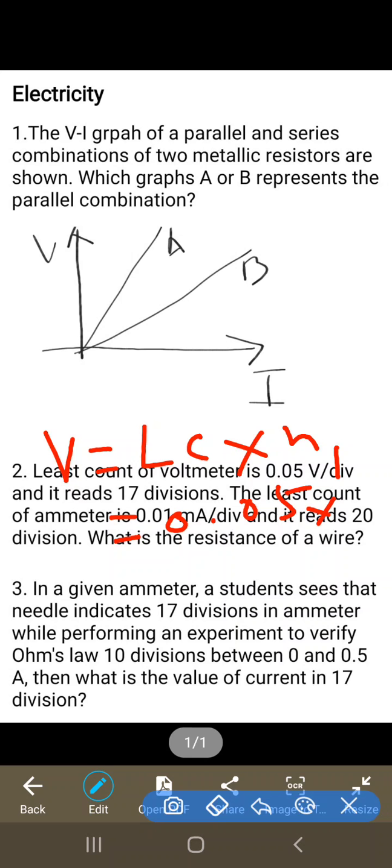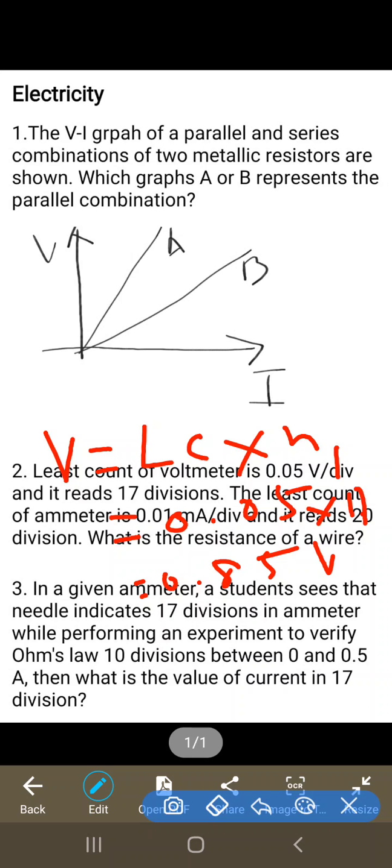So 0.05 multiplied by 17 and we are getting 0.85 volt, which is the value the voltmeter reads.